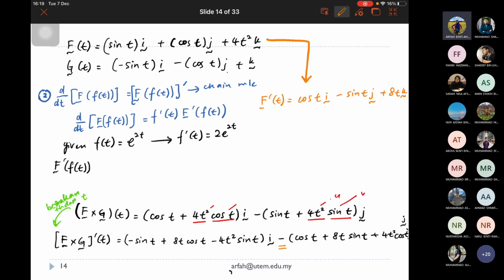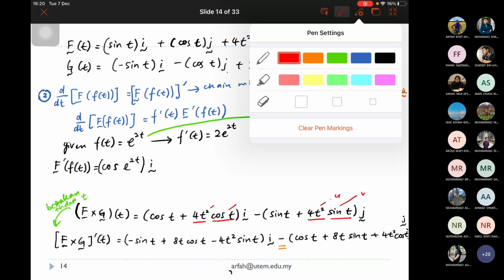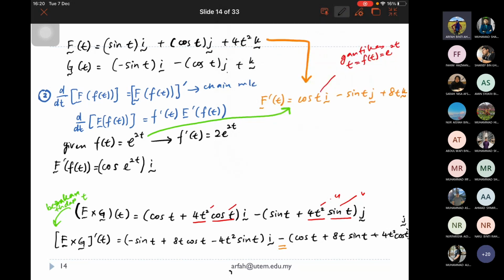Okay. So gantikan f(t) sama dengan exponential 2t dekat dalam. So that means dia akan jadi cos exponential 2t i. Gantikan t dengan f(t) sama dengan exponential 2t. That is what it means by that notation.